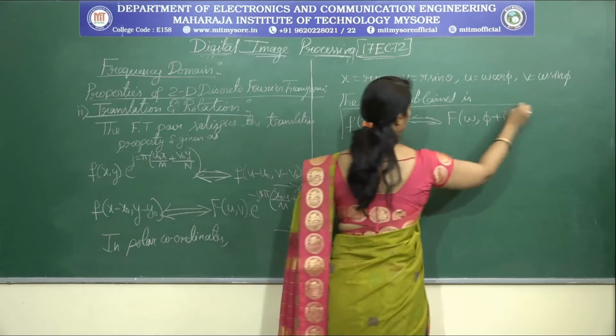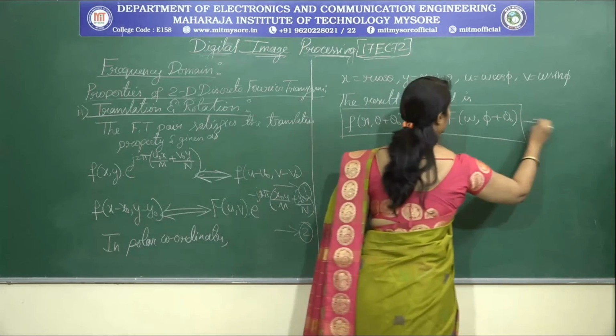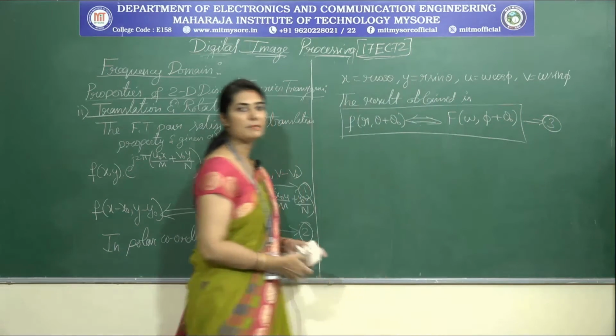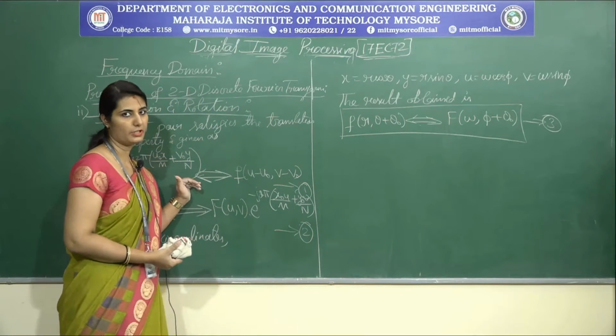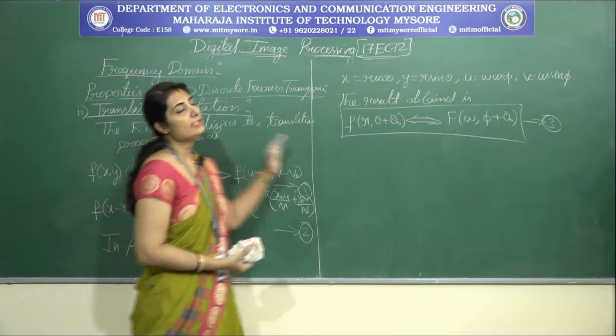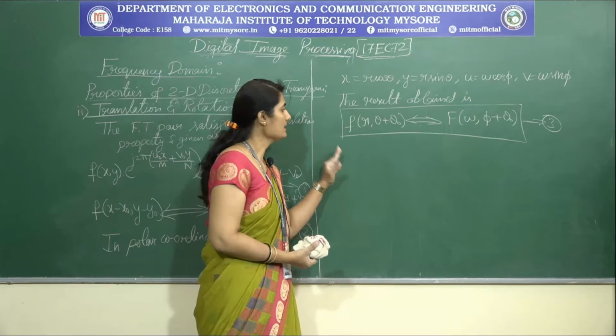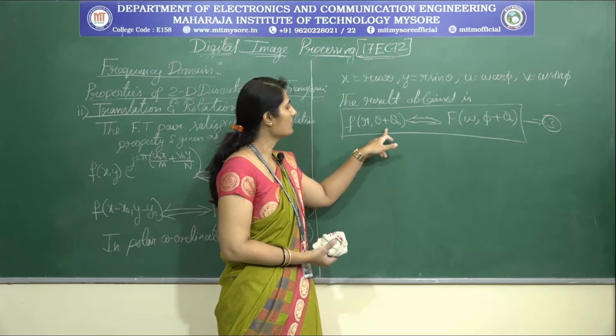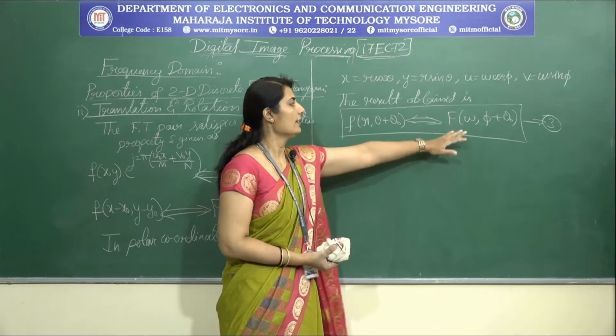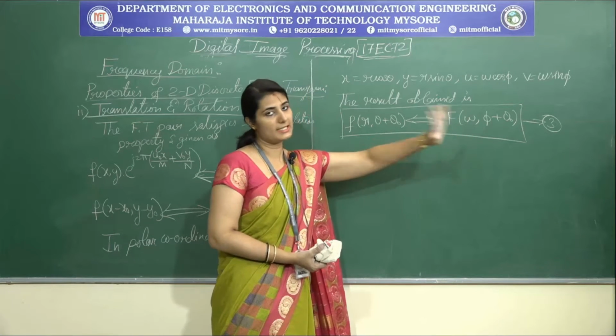This is equation number 3. Simplifying the Fourier transform pair in polar coordinates, this results in f of r comma theta plus theta naught and F of w comma phi plus theta naught.